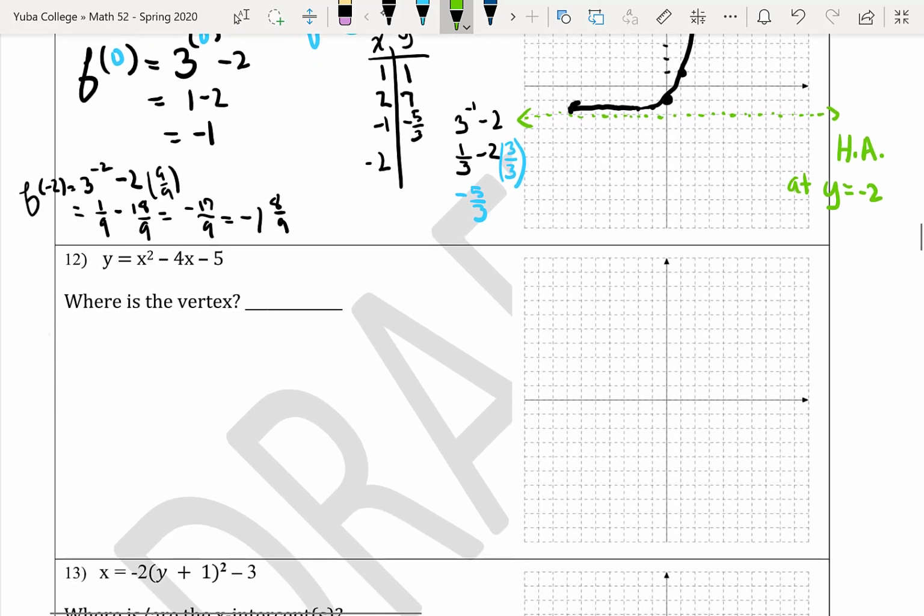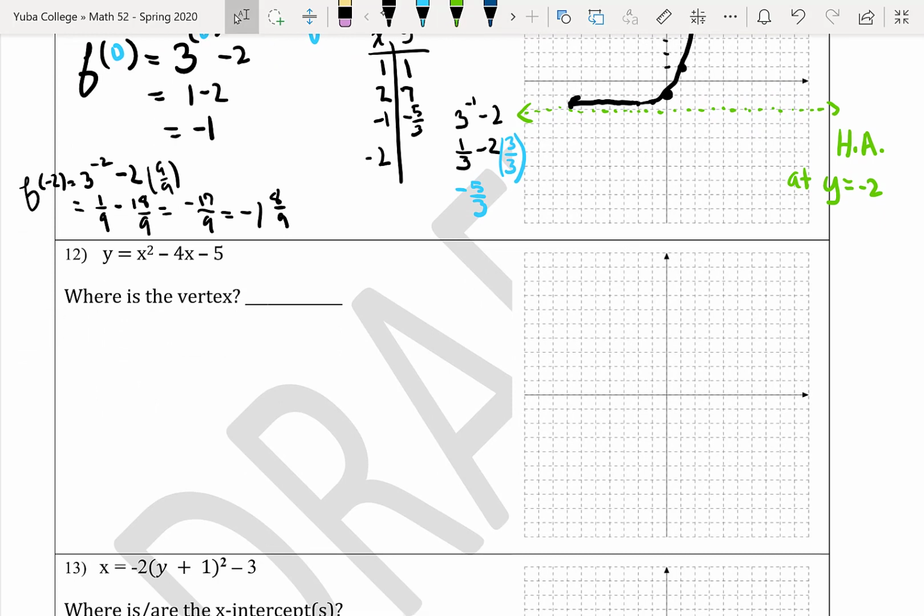The h value, the x value of your vertex, is equal to -b/2a, and for the y value of that vertex, if you have an x value of a point, you plug that in wherever you see an x in your equation, and that gives you the y value of your point.